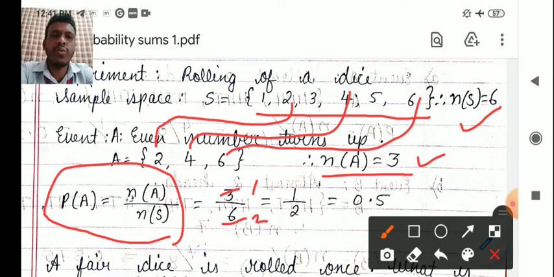So it becomes 1 upon 2, which is equal to 0.5. You can either keep it as a fraction, 1 upon 2, or as a decimal, 0.5. Your answer should always be between 0 and 1. It should be a positive answer only, then only it is right. So I hope you understood this problem.